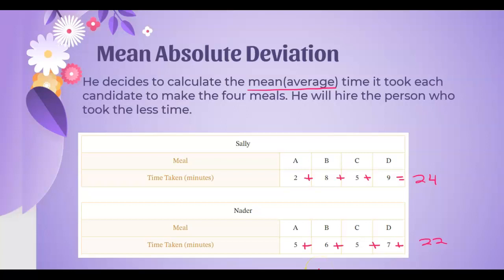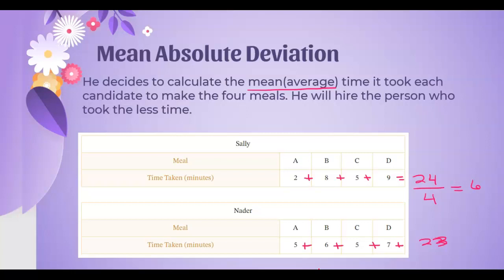So if we divide by 4, it took 6 minutes here. Oh wait, that's 12 and 11, 23, right? I'm going to get my calculator out and make sure: 5 plus 6 plus 5 plus 7, 23.